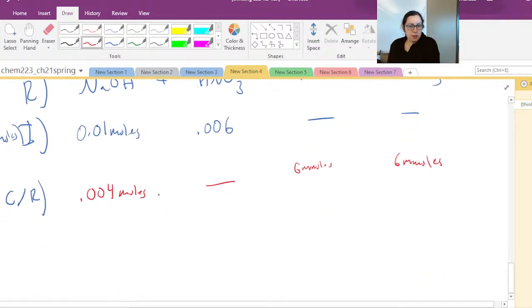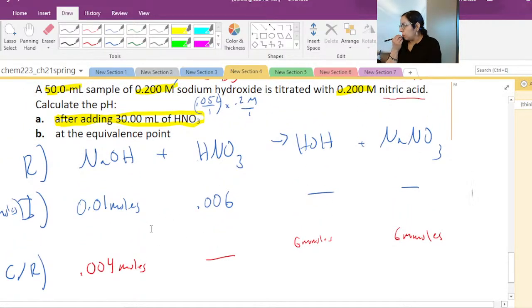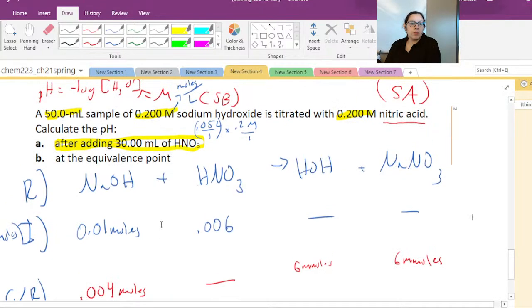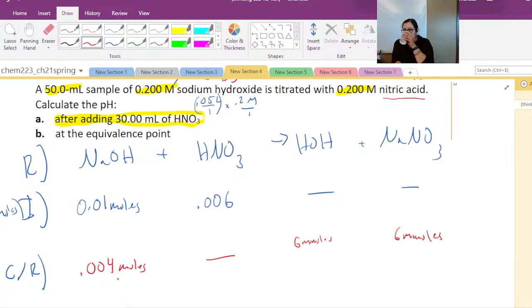Now where do we go from here? It's asking for pH, so how do we get pH from this? We have to get molarity, so good.